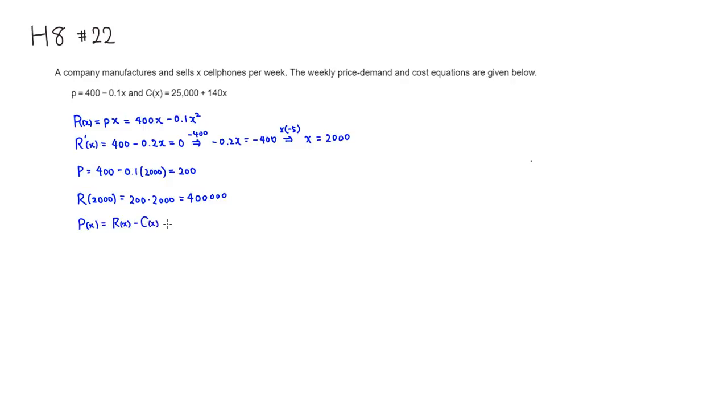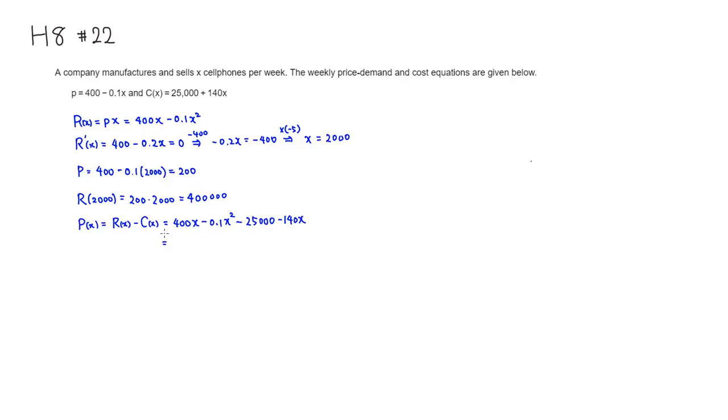The revenue function was 400x minus 0.1x squared, and then we have to subtract the cost. The cost function is 25,000 plus 140x.